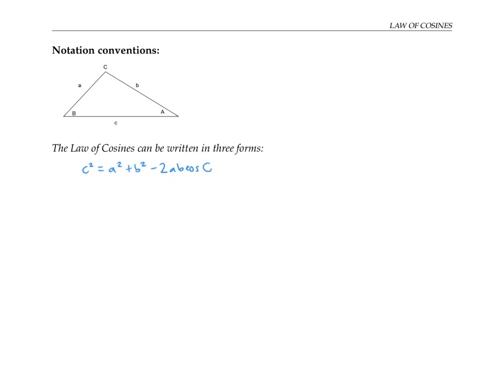So we could have just as easily written a squared is equal to b squared plus c squared minus 2bc cosine A. All we've done is replace c with a, a with b, and b with c in our labeling scheme. Or instead, we could put the b squared on the left side and write b squared equals a squared plus c squared minus 2ac cosine B. We can use whichever of these three forms is most convenient for the problem at hand.